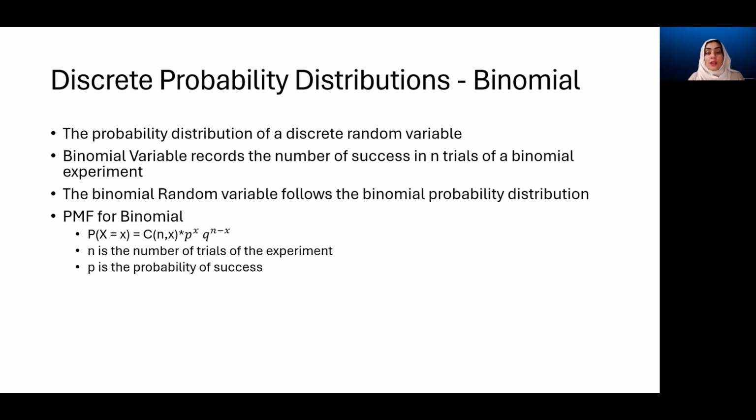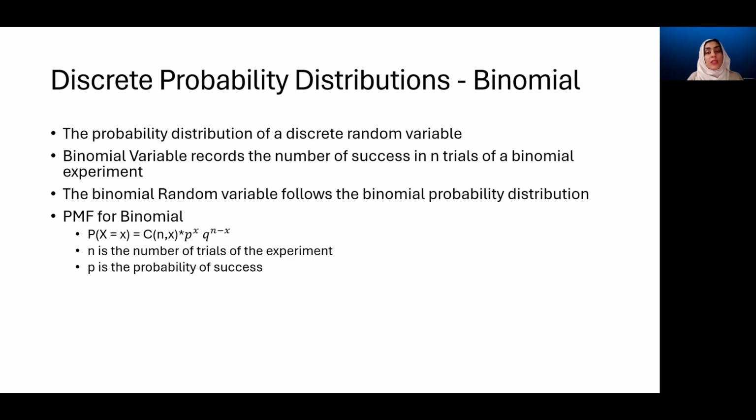N is the number of trials of the experiment, which we have seen, but P we have not seen already. P is the probability of success. What is the chance that we'll have a success? So if you have equal number of girls and boys in the university, the probability of success, which means probability of finding a girl in the example that we're considering, would be 0.5. But if you have more girls than boys, this probability can be greater than this value.